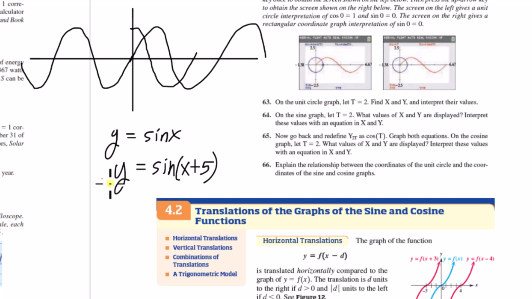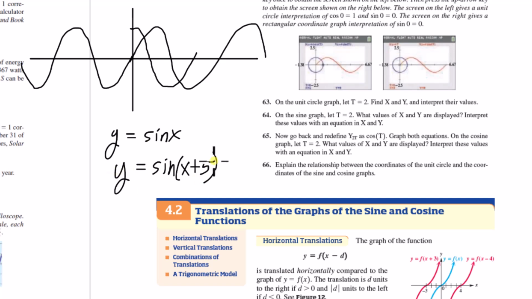Now, the more official math way to talk about this is with the term phase shift or phase. If you have a sine or cosine function, it's going to have a phase in it.